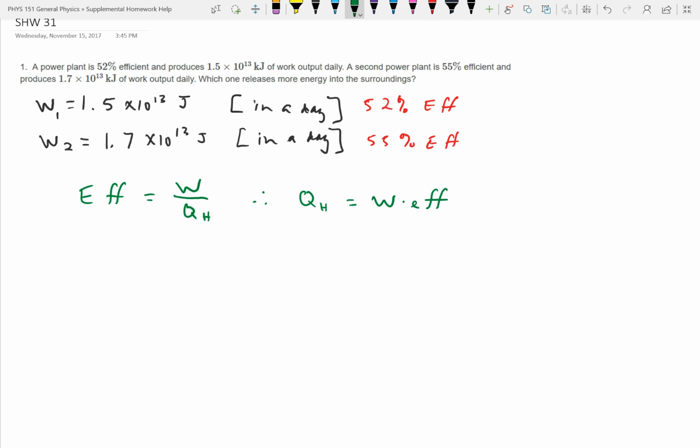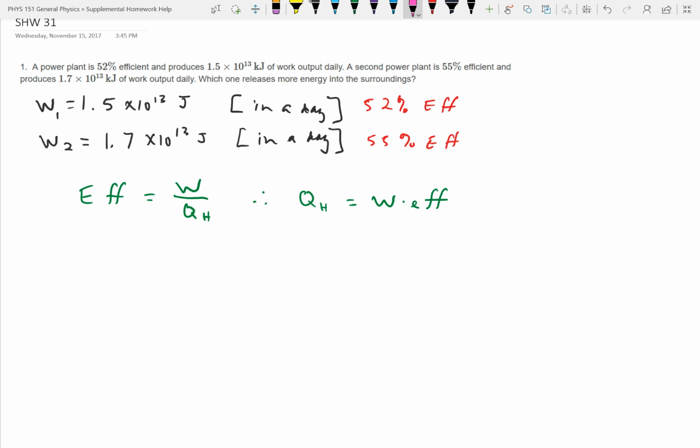But the question doesn't ask us what the heat taken in is. It asks how much heat is released. So we have to go to the equation we talked about just before, when you were here this morning, just before you left. Remember problem 2? For a heat engine, you cycle around, so the change in internal energy for one cycle is 0.